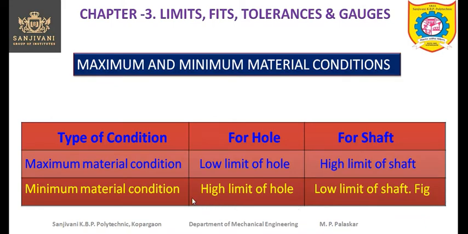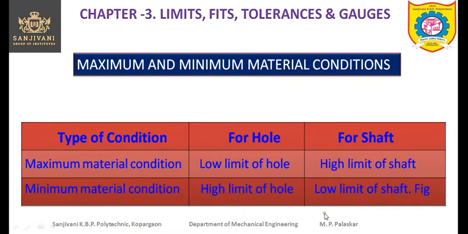It is a part of common sense that if you make a bigger hole, more material will be removed and therefore we will have less material with the job. And in case of shaft, if the shaft is having maximum size, maximum diameter, the material with the shaft will be maximum. So that is just common sense.